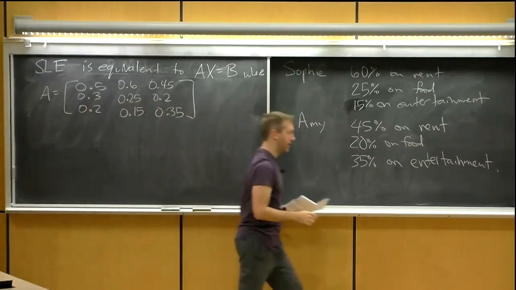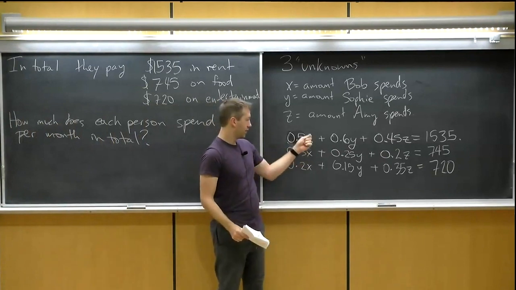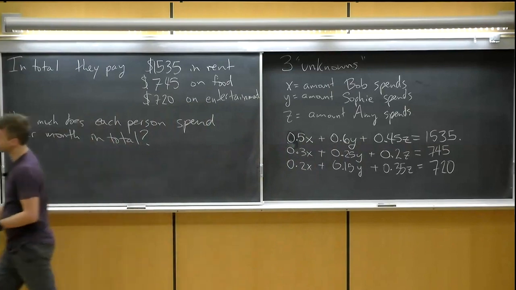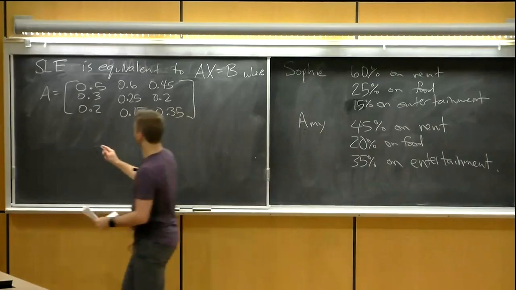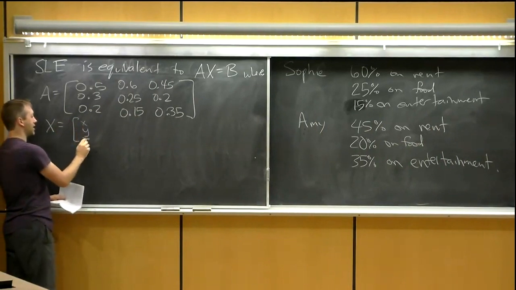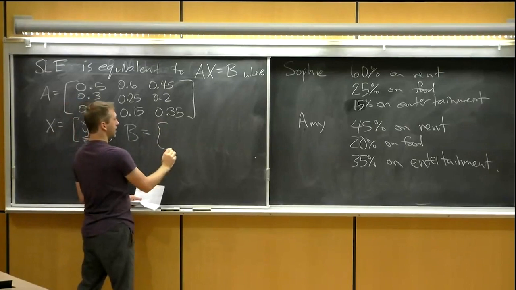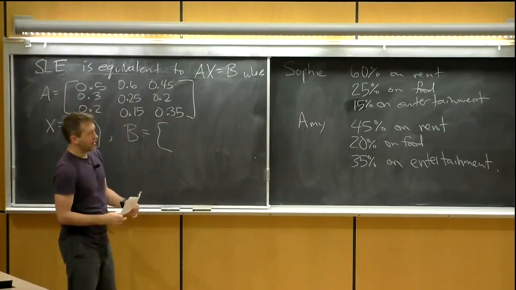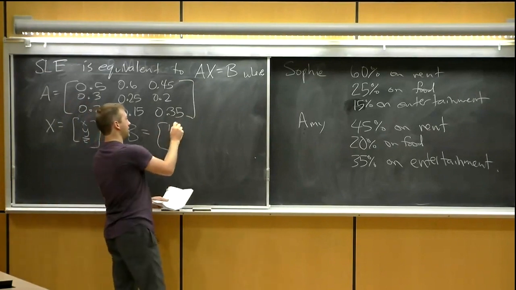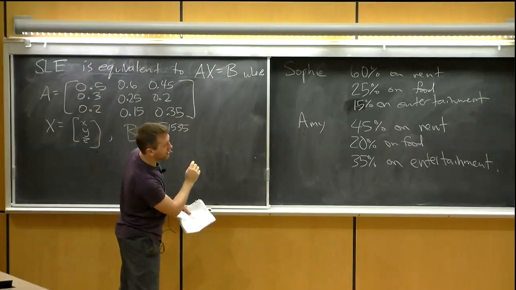Okay, so all I've done here is I've gone through the three equations and written down all the coefficients. X is the matrix containing my variables, X, Y, and Z. And B is the matrix containing the right side of the equality, which is 1535, 745, and 720.